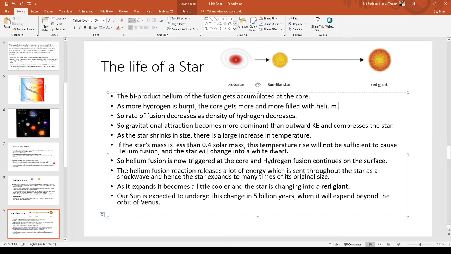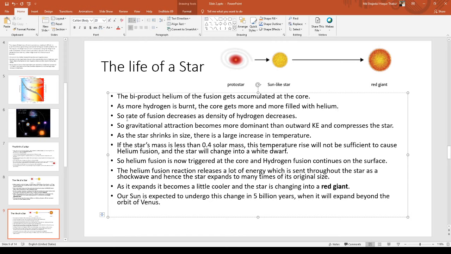Just like that, at the core of the star, as the star burns a lot of hydrogen, the more hydrogen fuses together, the more helium nuclei are produced. Okay? Now here's the fun part.